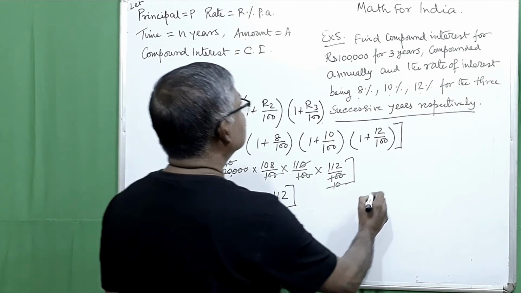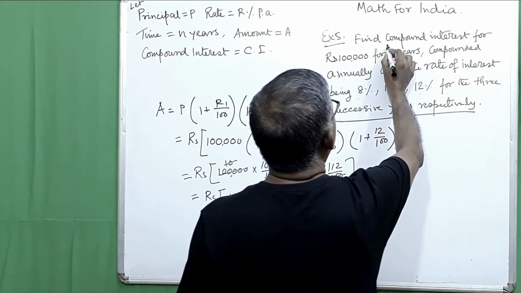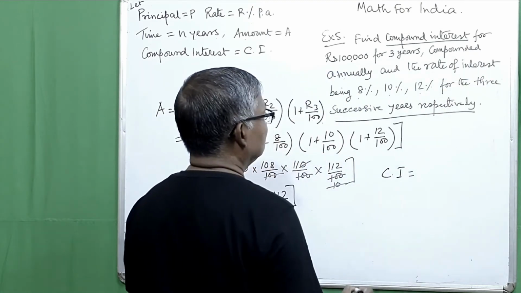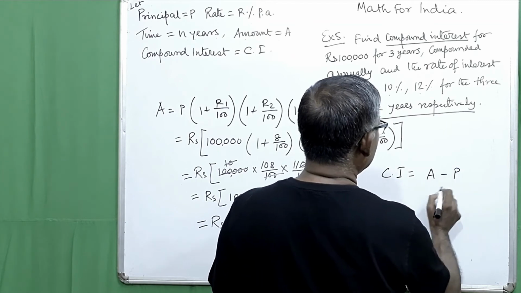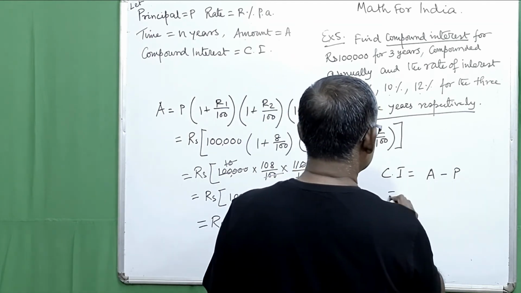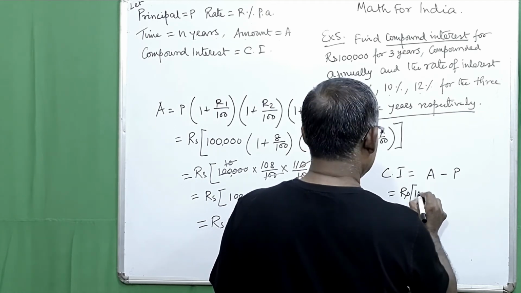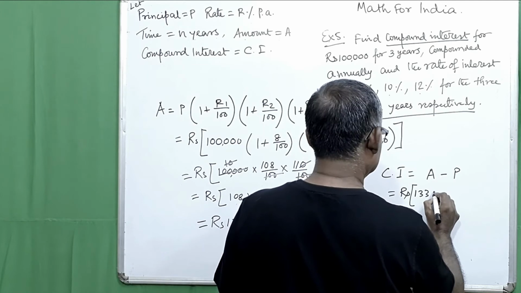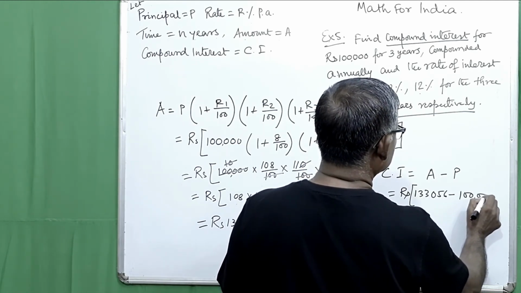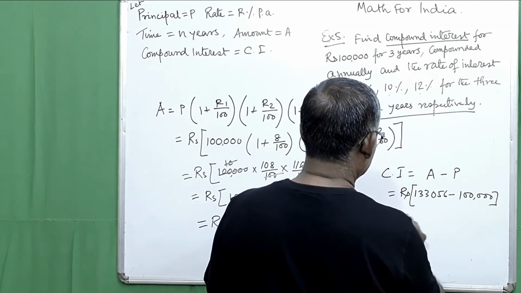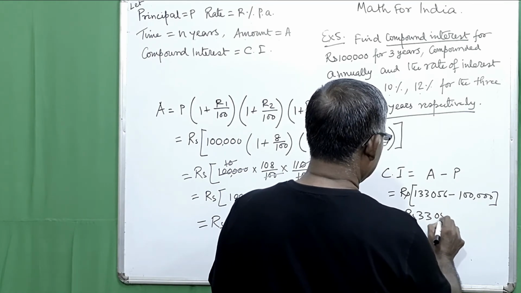Hence, here we have to calculate compound interest. Compound interest equals A minus P, amount minus principal, that is rupees 1,33,056 minus 1 lakh, that is rupees 33,056 only.